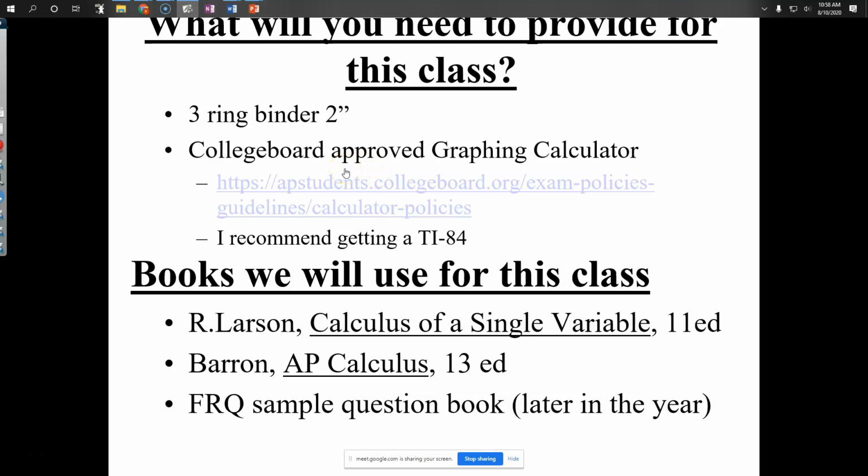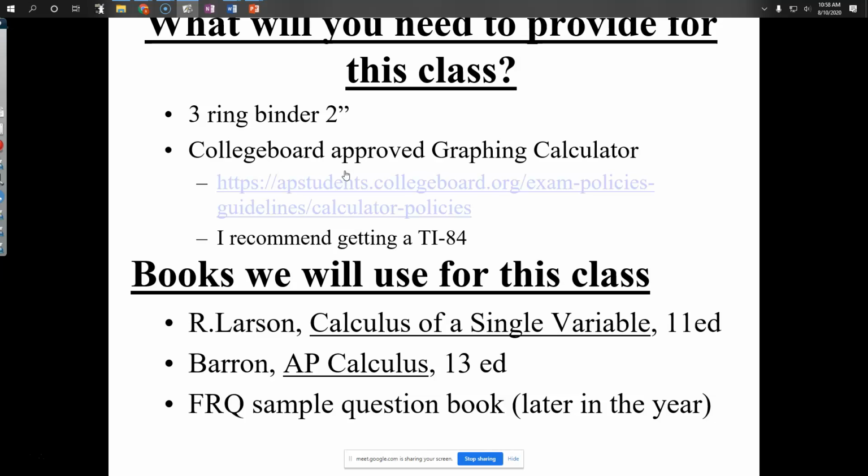A good reason to have your own is because, take this scenario. You're spending all year learning how to do calculus on a calculator of one kind. Well, if you don't have your own calculator and you haven't been practicing on it, and test day comes and all of a sudden you have to borrow my calculators and you don't know how to use them, you will not pass your AP exam even though you know how to do everything, because you need that calculator to do it.